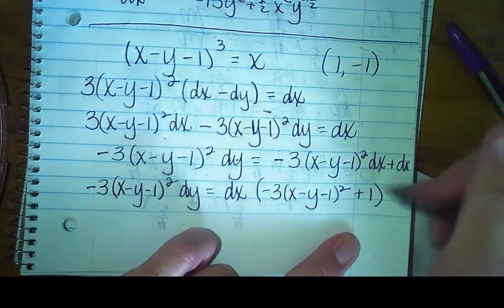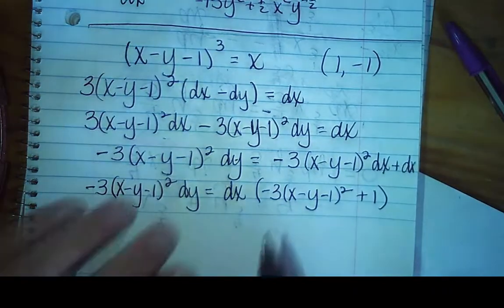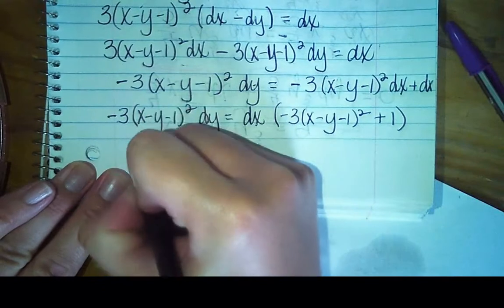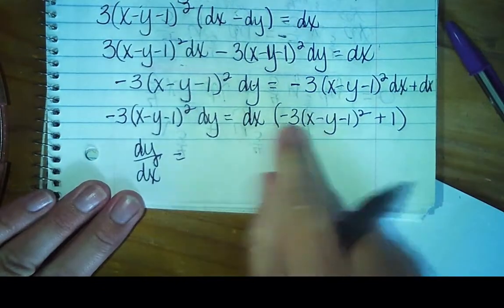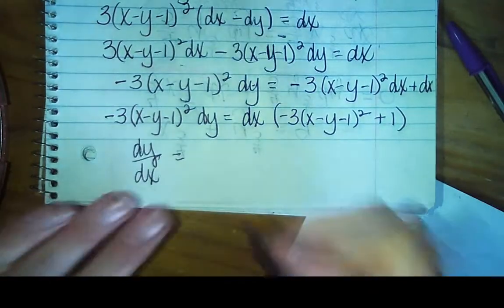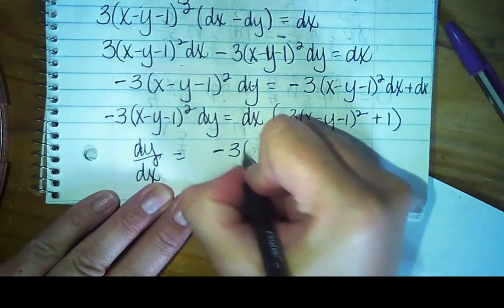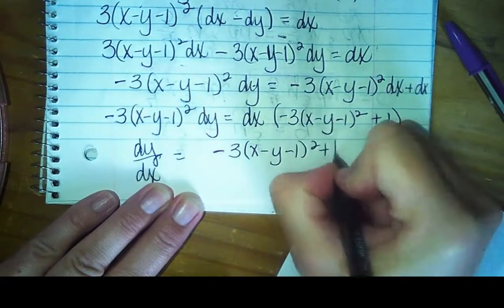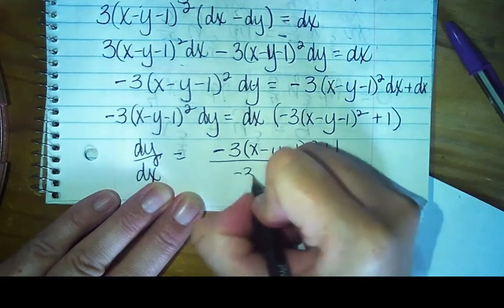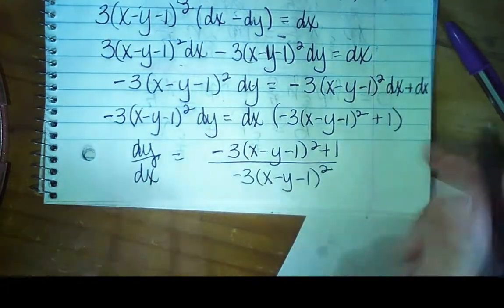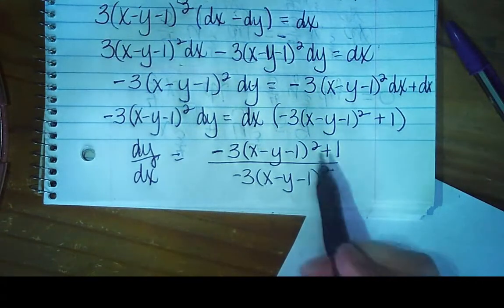So your 1 is still there. All right, so divide both sides by dx. So I get dy/dx equals this mess over this mess. Okay, so I got a -3 times (x minus y minus 1) squared plus 1, over a -3 times (x minus y minus 1) squared. That doesn't reduce, okay?